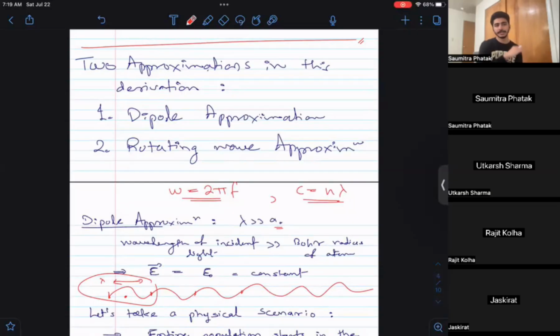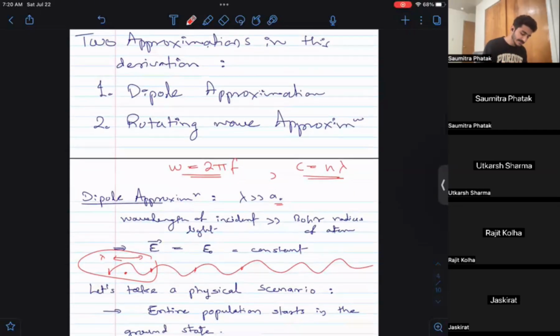And then take any atom and find the Bohr radius, and you can already see that it is 10 to the minus 10, and this is like 10 to the minus 9. Like 400 to 700 nanometers is 10 to the minus 7, I think. So from that itself, you can consider that lambda is 3 orders of magnitude greater than the Bohr radius. So you can always make this approximation for most cases.